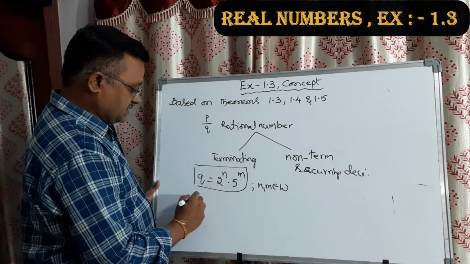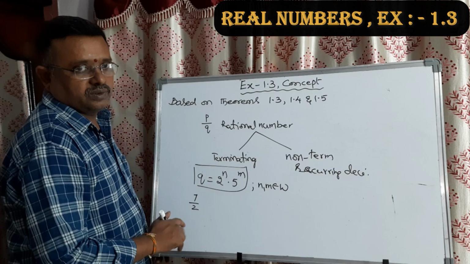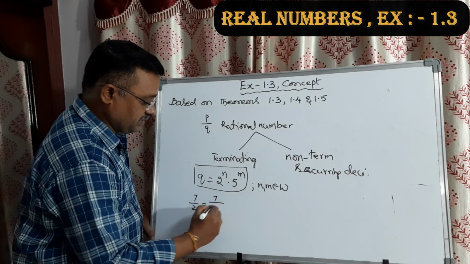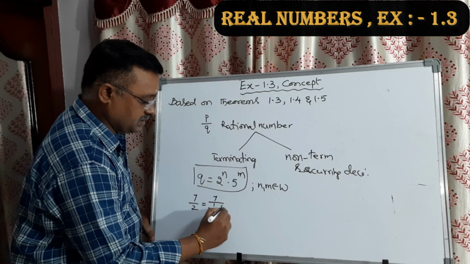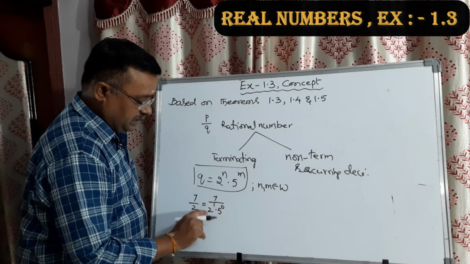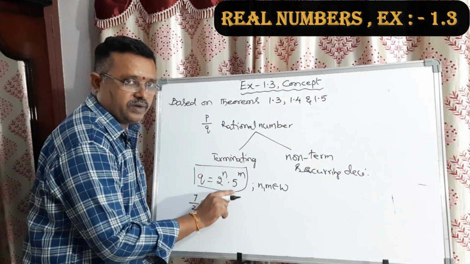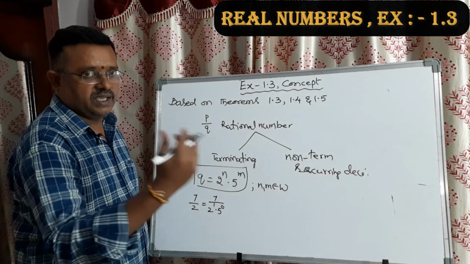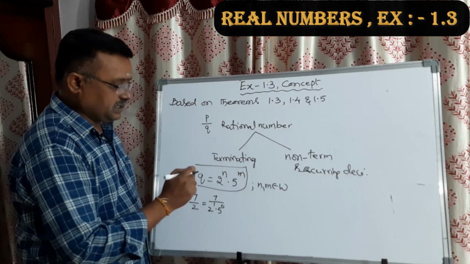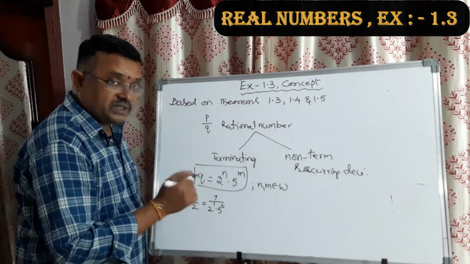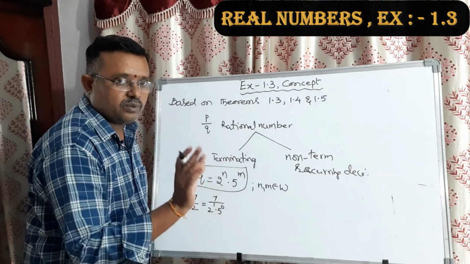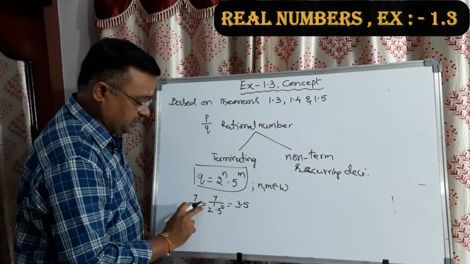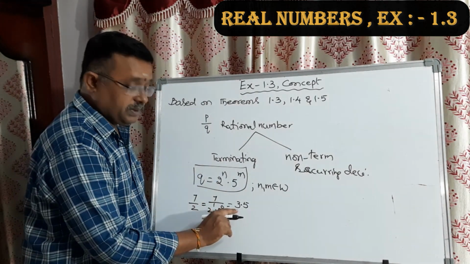For example, 7 by 2. Here the denominator is 2, so it can be written as 7 by 2 power 1 into 5 power 0, where the denominator is in the form of 2 power n into 5 power m, where n, m are whole numbers 0, 1, 2, 3 and so on. When the denominator q has only the primes 2 and 5, then its value, 7 by 2 after long division, will become 3.5.